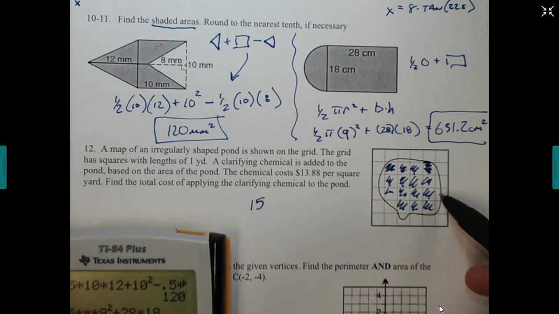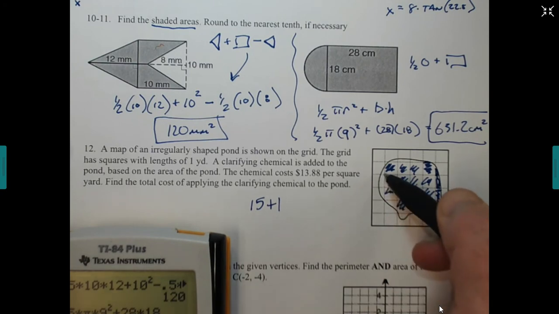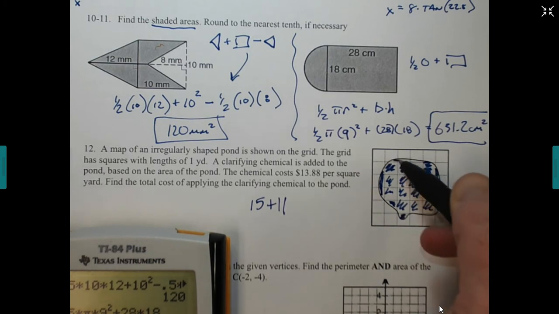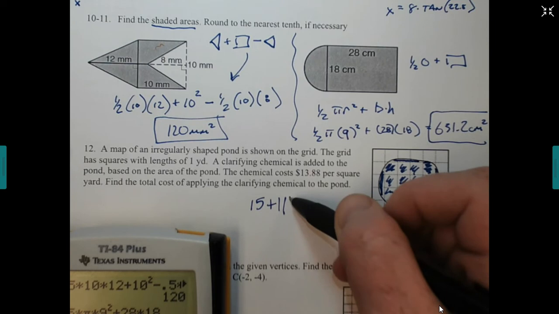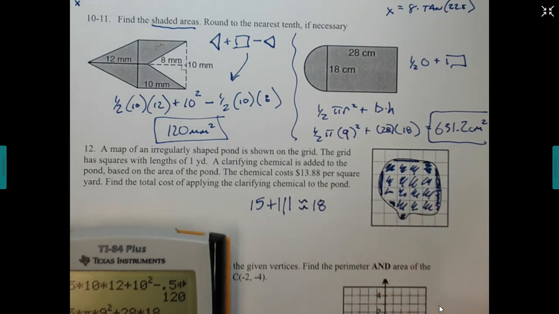This looks like about if we put these two and this together, maybe all of this makes another one. If I put these three and this one together, probably got another one. That's not too much, but if I put that guy with all this extra stuff up here, probably got another one. I'm getting about 18 square yards.